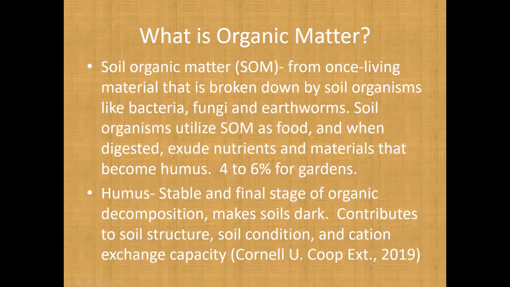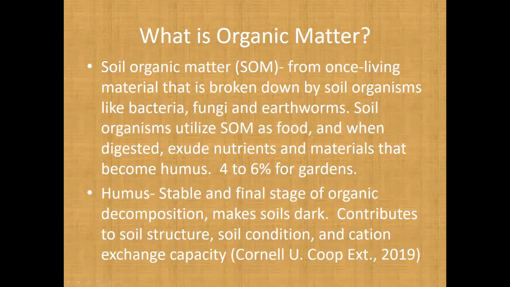So once they've deceased and are no more, they themselves turn into this organic part of the soil. These organisms are utilizing soil organic matter as a food and an energy source, and either when digested or when they die, these nutrients and materials become what's called humus. So it's not to be confused with the dip, hummus. So this is humus. This is the final stages of organic matter.